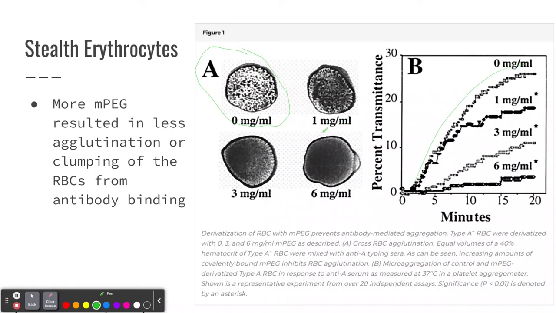Okay, but if we look at the 6 milligrams, which was the most masking agent, you can see there was less agglutination, so less antibody binding, which is positive. It's what they want. They wanted to evade that antibody binding.